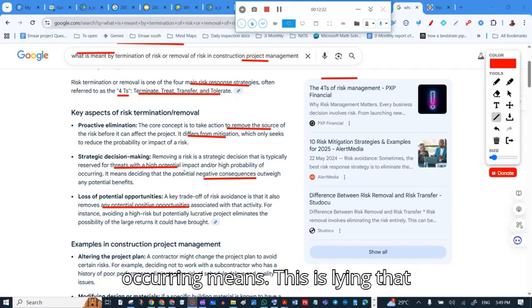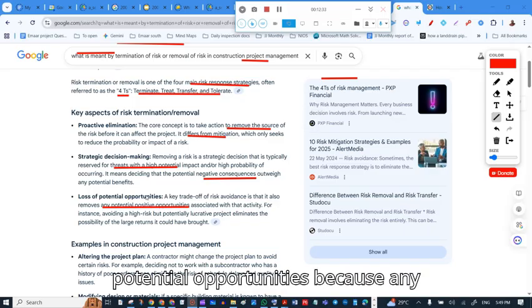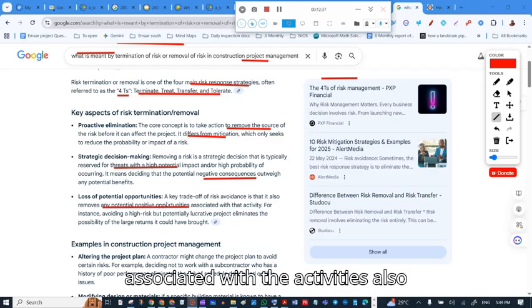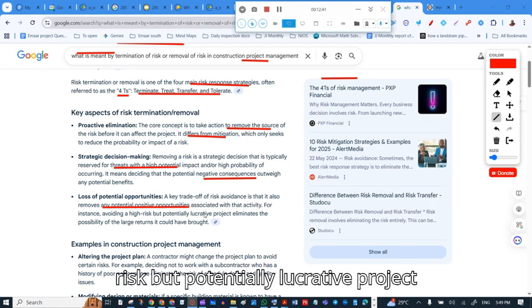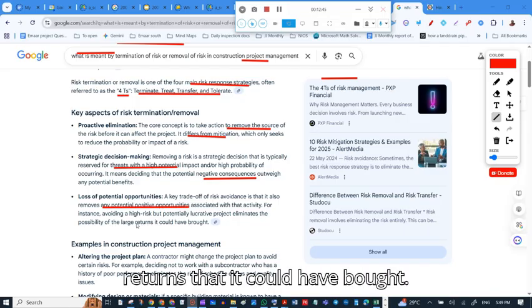It means deciding that the potential negative consequences outweigh any potential benefits, but there is a loss of potential opportunities, because any positive opportunities associated with the activity are also eliminated. For instance, avoiding a high-risk but potentially lucrative project eliminates the possibility of the large returns it could have brought.